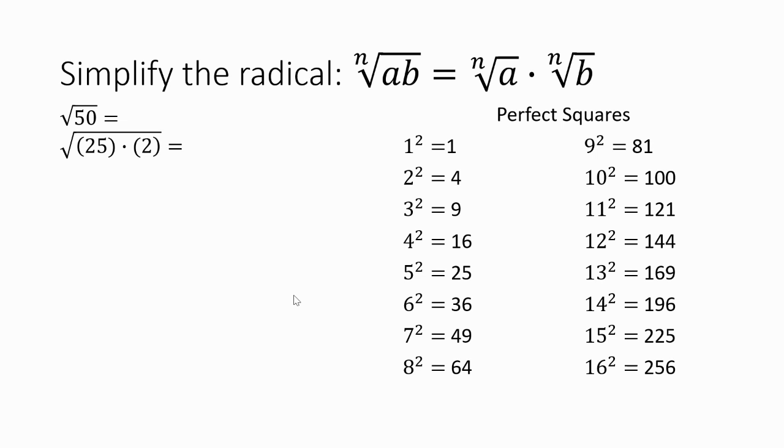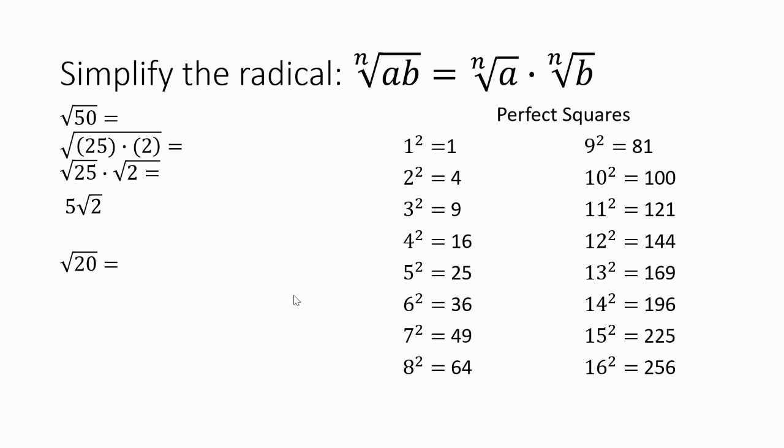I could also use 5 and 10, but neither one of those is a perfect square. That's why I use the 25. So here's the radical rule: I can split this up, and the square root of 25 is 5, times the square root of 2. I simplified the radical. If I punch those into a calculator, I would get the same decimal approximation, but I want the exact simplified answer.